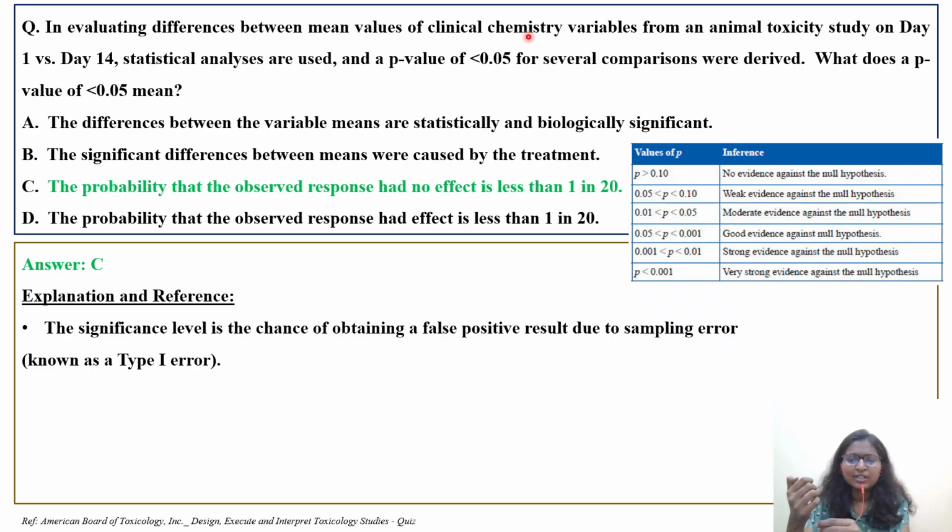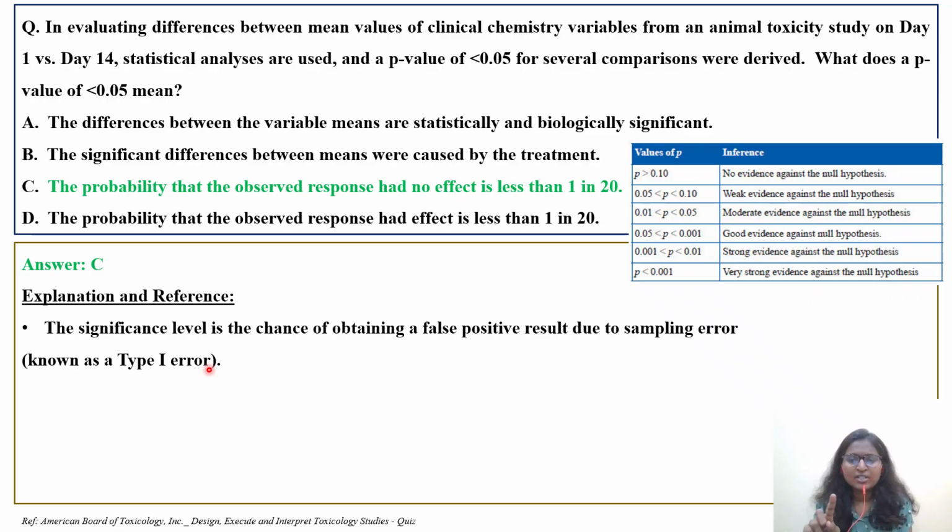If you have not done the pipetting properly, and the complete volume needed for the sample to be analyzed is not transferred into the Eppendorf kept under the centrifuge, then you will have an error. When you put that sample under reading, you will get a false reading. That is called sampling error. So this is nothing but type 1 error.